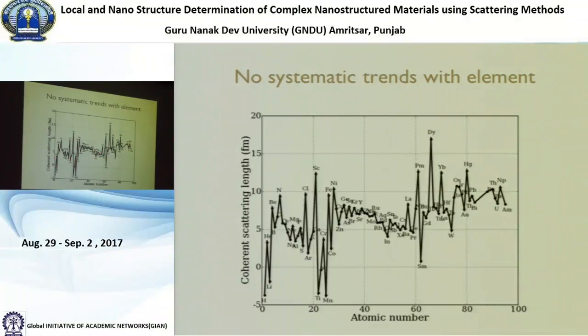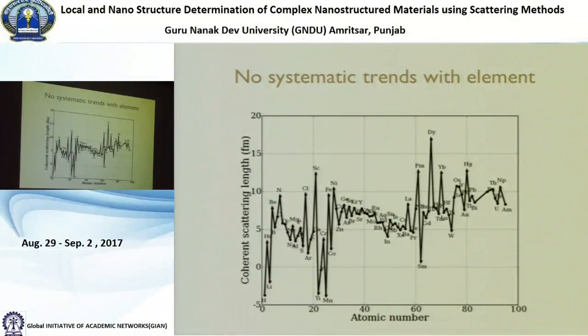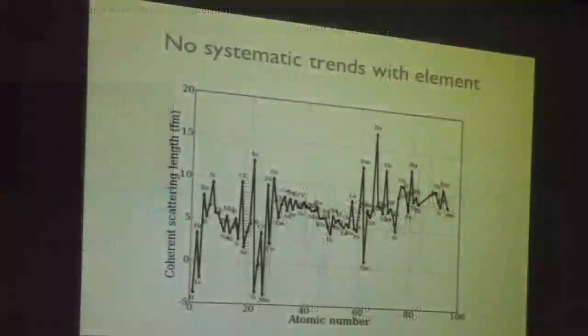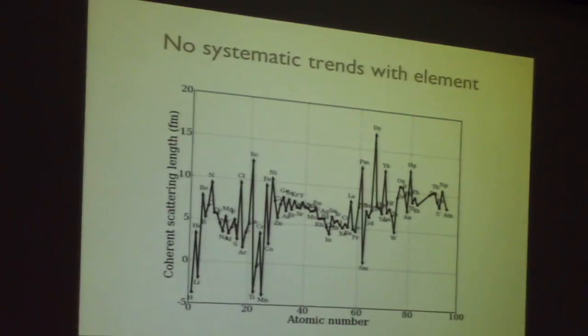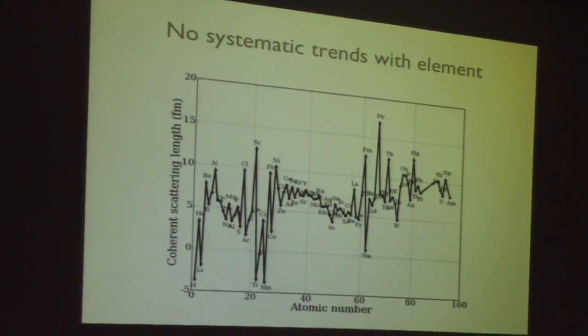And so the first thing to notice about this graph is that the scattering power for neutrons as a function of element is almost constant. So with X-rays, the scattering power goes like the number of electrons. So if the same graph for X-rays, it would be going up like this. It would be going up very steeply. But for neutrons, it stays constant. So that's a very useful thing that we make use of.